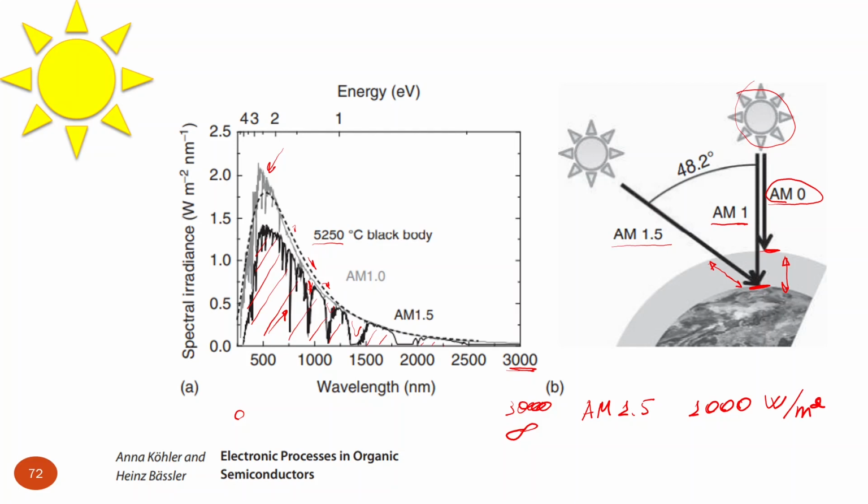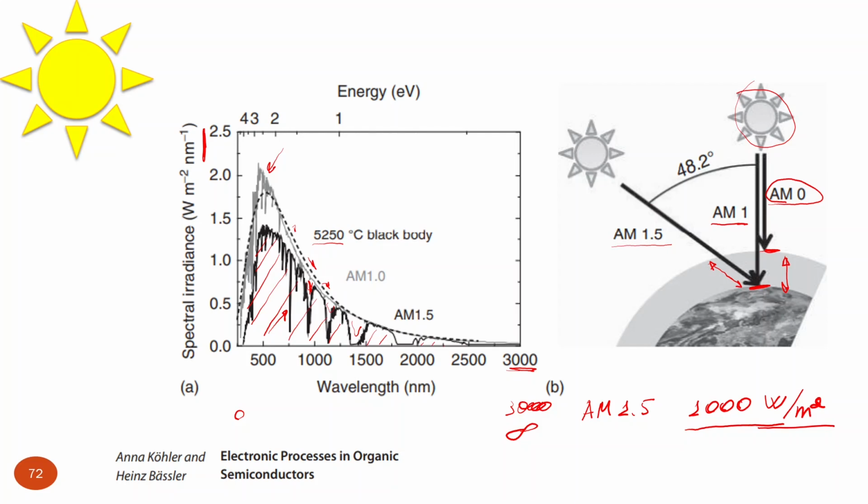You see, we have watts per meter squared. We don't have nanometers in the denominator, because when we integrate, we multiply by these nanometers and get rid of them. So that is the difference between total light intensity and spectral irradiance distribution.